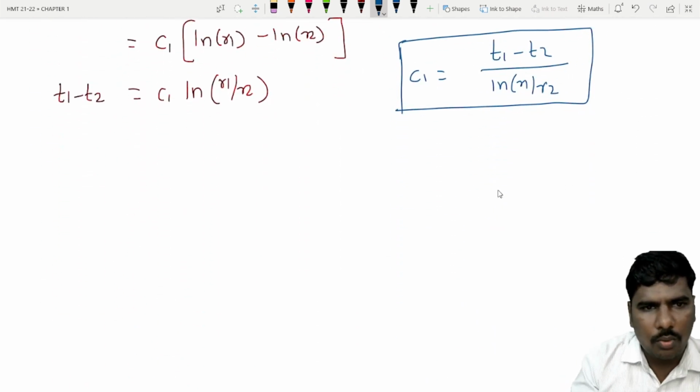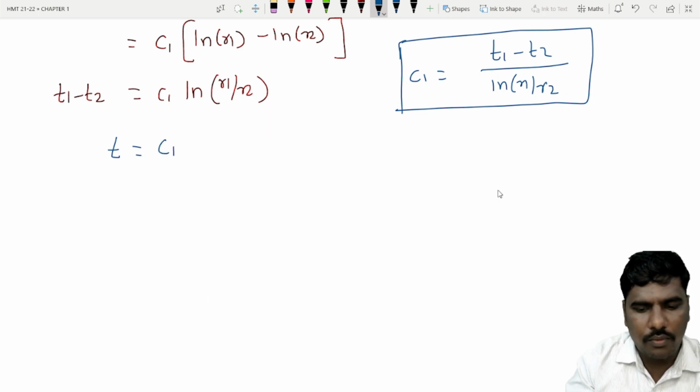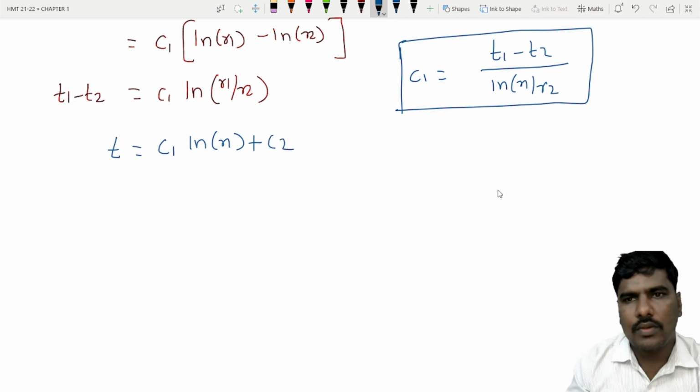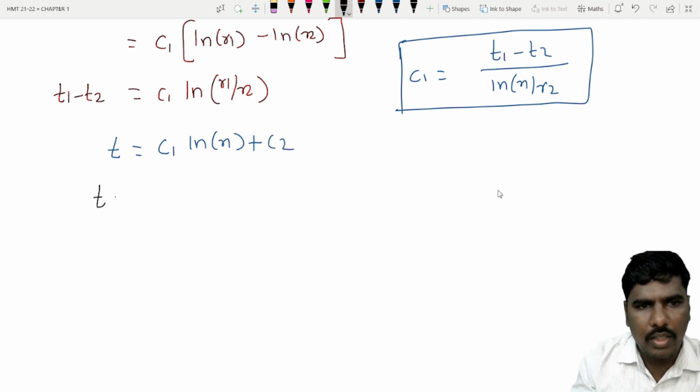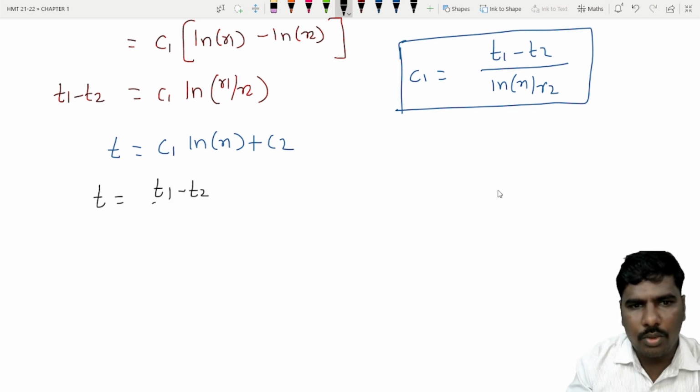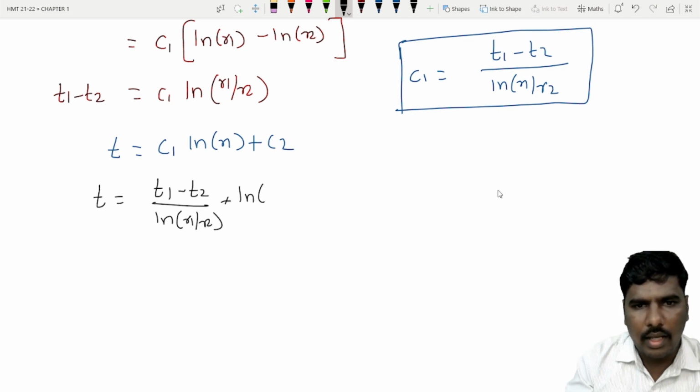So I will first write down equation number 3: T = C1 ln R1 + C2. Now I am putting the value of C1 here. This equation becomes T = (T1 - T2) divided by ln(R1/R2), multiplied by ln R1, plus C2.